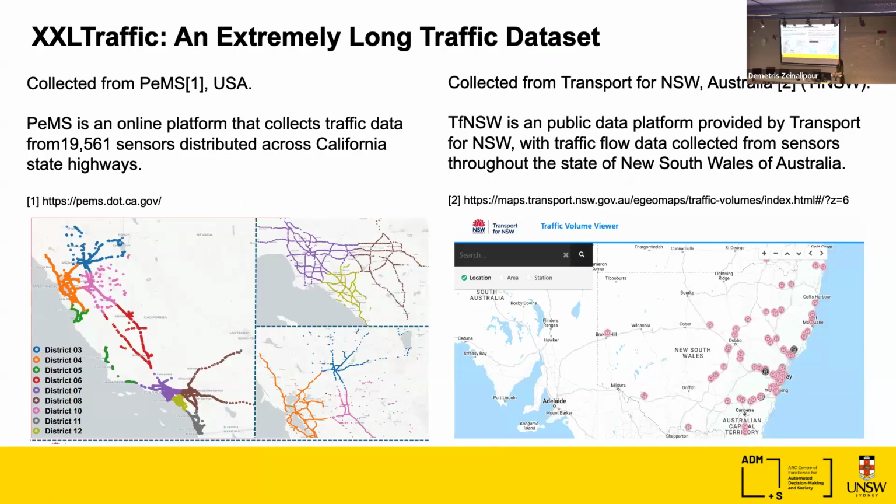We have collected what we call XXL traffic, an extremely long traffic data set. We crawled the PeMS website and also the traffic website for New South Wales. Extremely long because it covers more than 20 years of data.